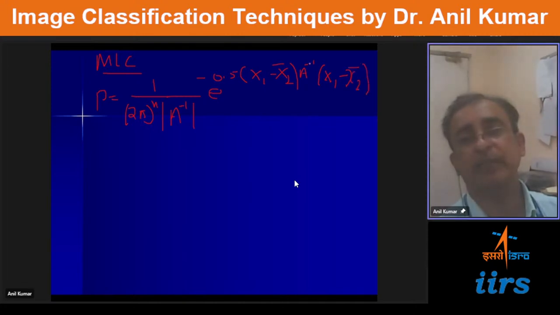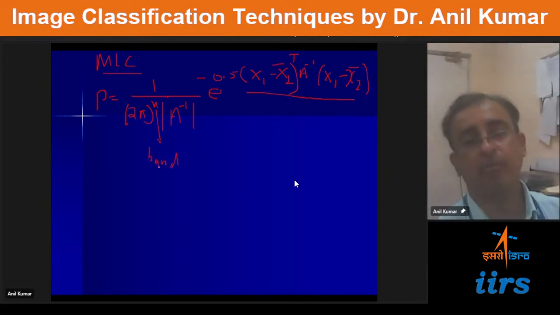This is the same distance equation as in Mahalanobis. Here n is the number of bands of the image, and here this is the weighted matrix.